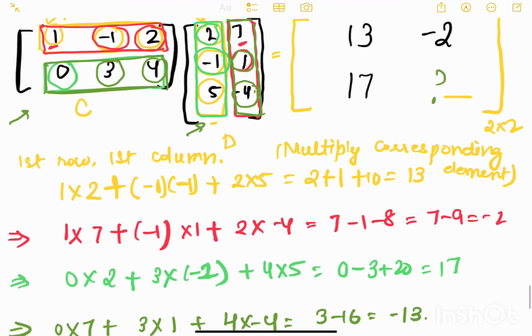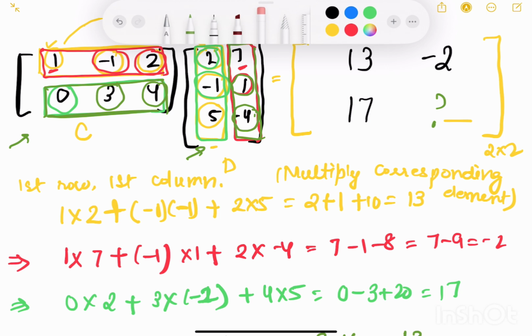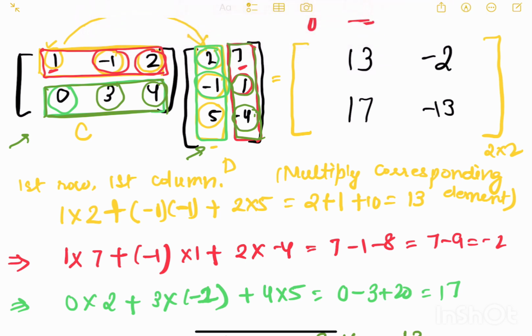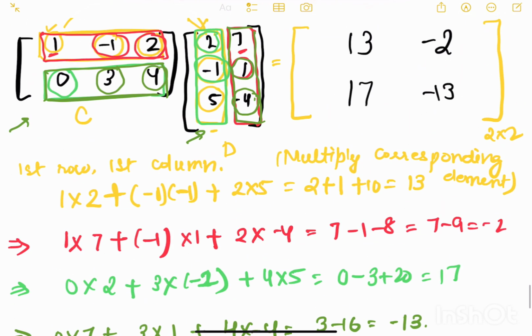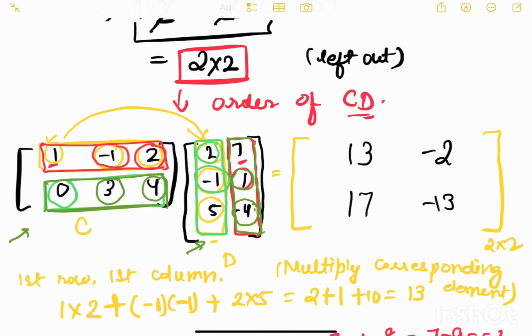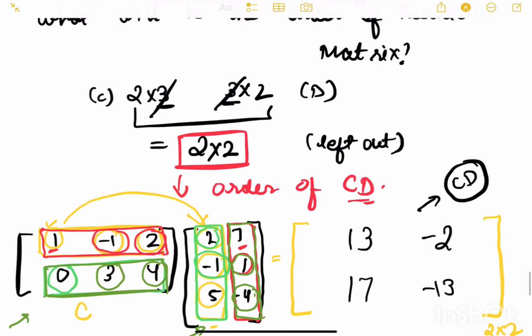Okay. So I will just write my value here. What is it? It is minus of 13. So this is how we have multiplied the matrix and the resultant matrix is this, the product. This is the matrix CD.